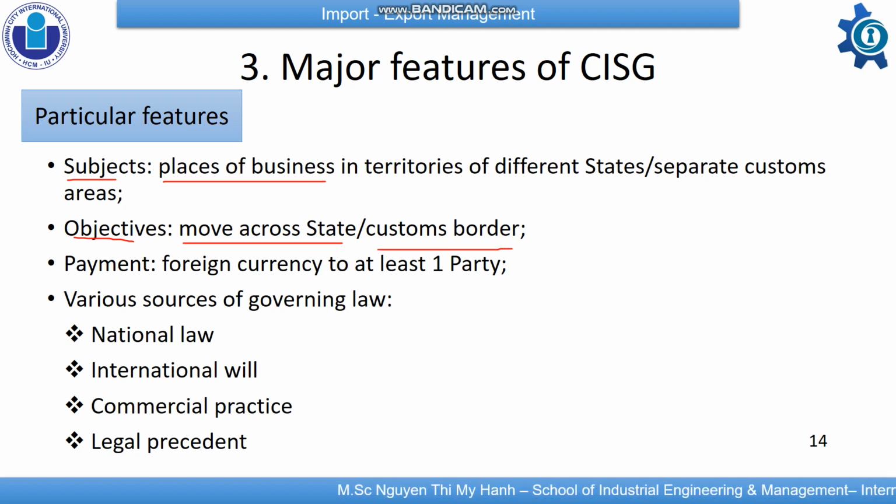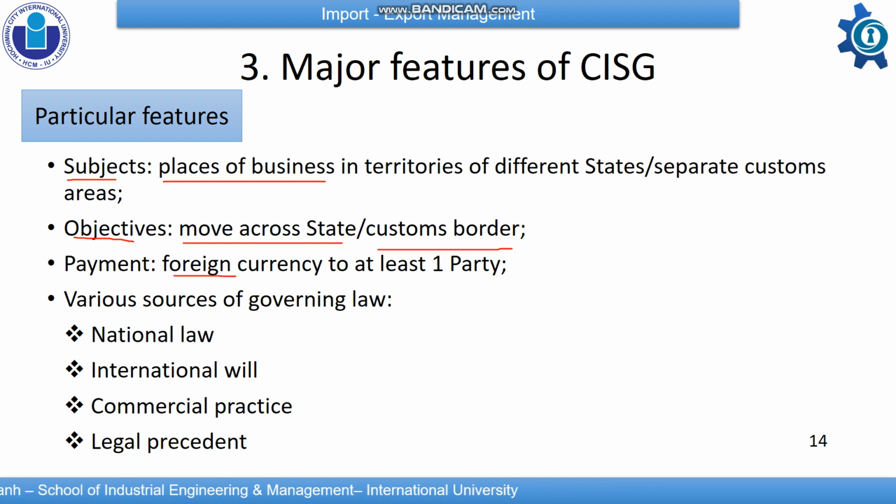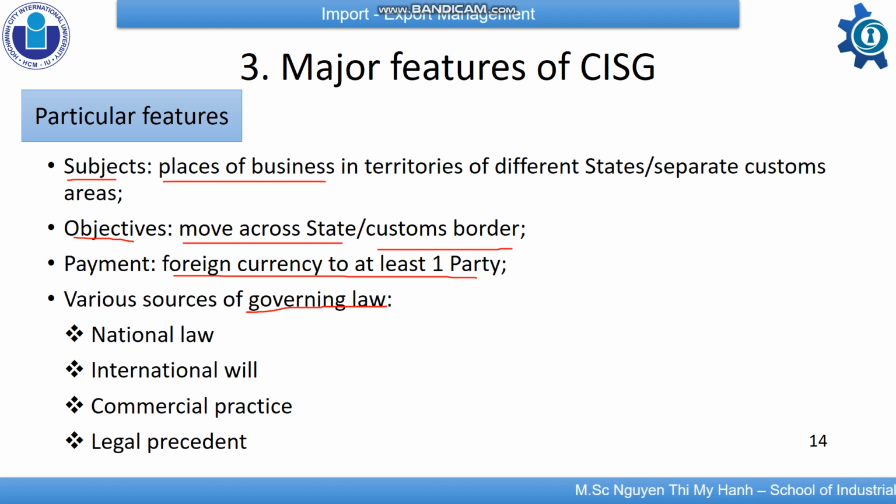And the payment should be in foreign currency for at least one party. And we can apply various sources of governing law, for example, national law, international law, commercial practice, or legal precedents.